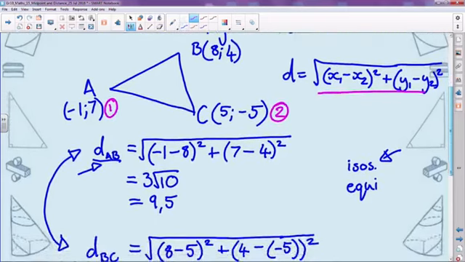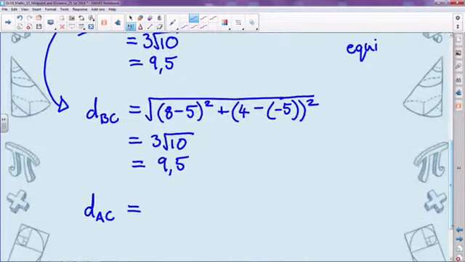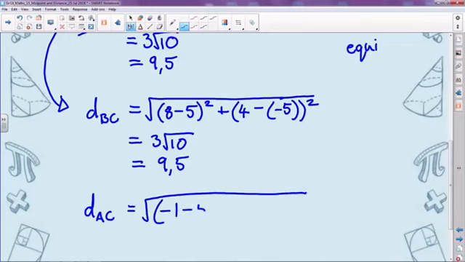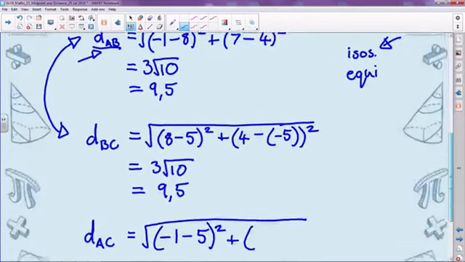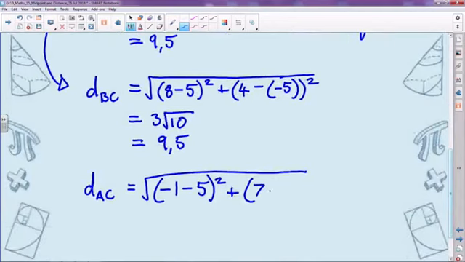So it's going to be -1 minus 5. Let's change to blue just because that's what we've been working in. So -1 minus 5 squared plus, and then we're going to have 7 minus minus 5, and we square that.